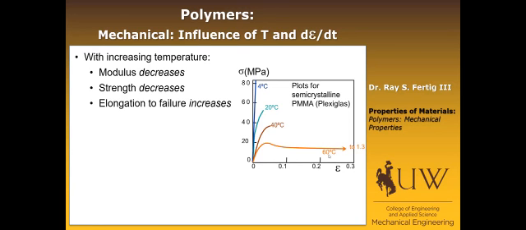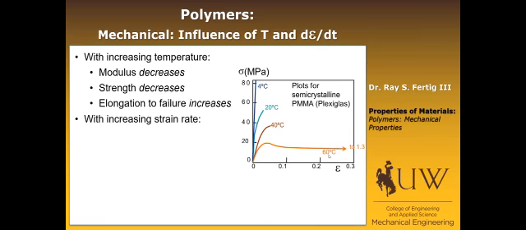So you can think of that as a temperature dependence, and there is also a dependence on strain rate. If we load fast enough, even at some temperature that would previously have given us elastoplastic behavior, we're still going to load faster than the molecules can respond, and it'll give us a low temperature response.